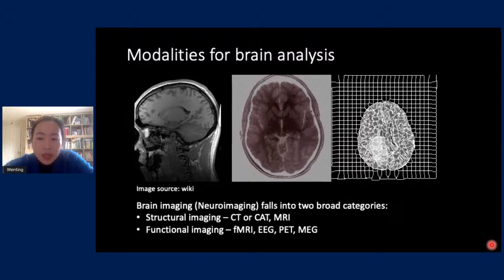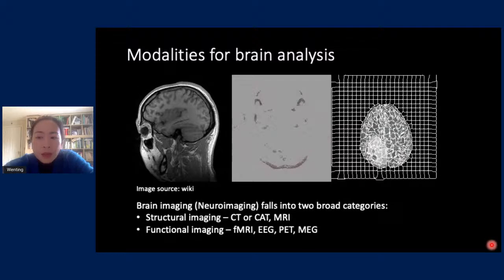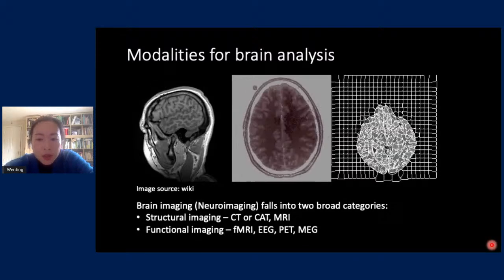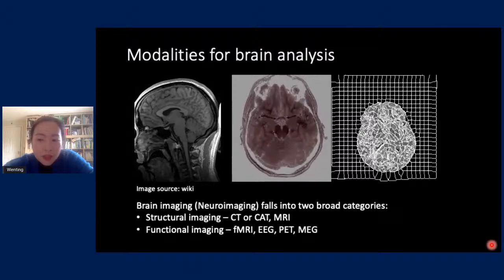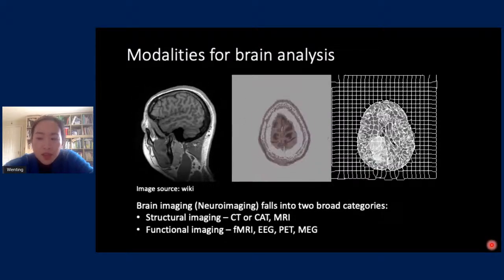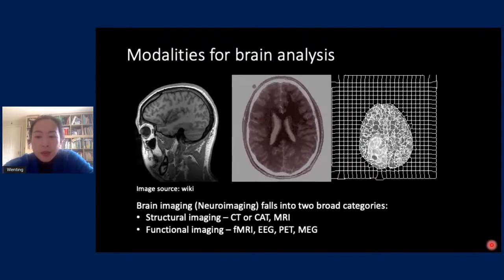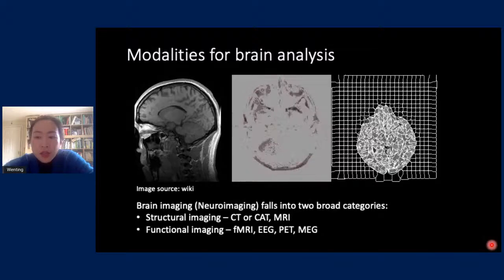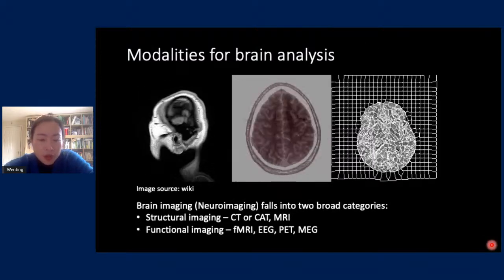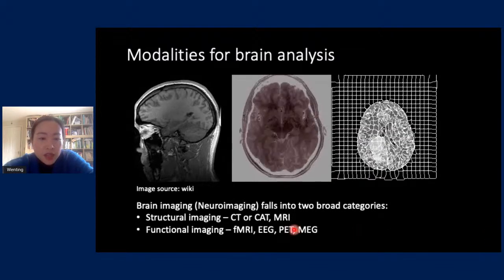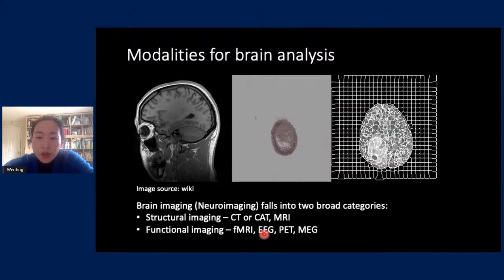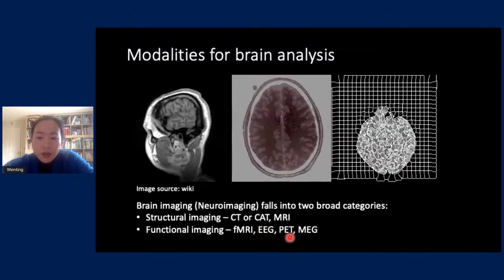For example, to diagnose the foci of epileptic seizure, as well as identify, prior to brain surgery, parts of the brain that perform essential functions and must be kept intact no matter what. So these are the two major groups of imaging.